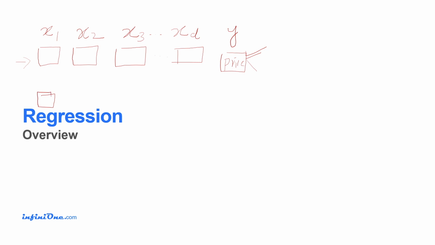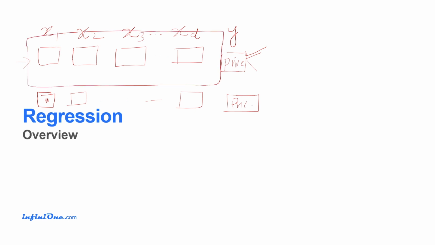You're just seeing the features for that house: the area is this much, the number of rooms are these, and all these values are this. So you would want to predict what the price of that house will be. You may want to build a model that maps these features to the price value.